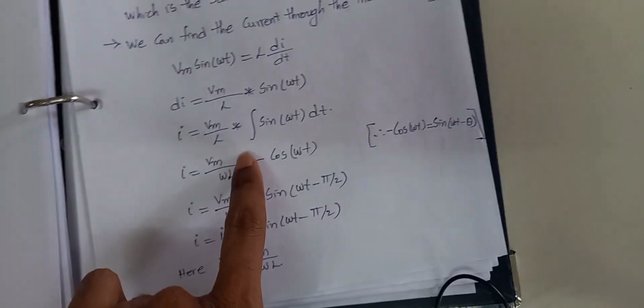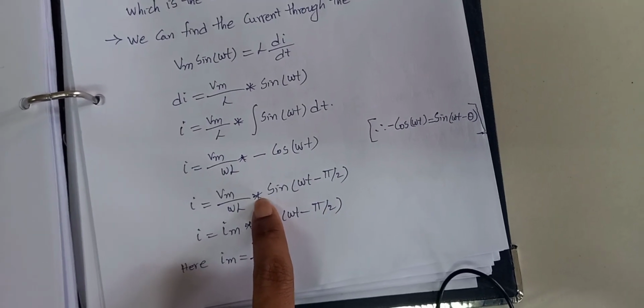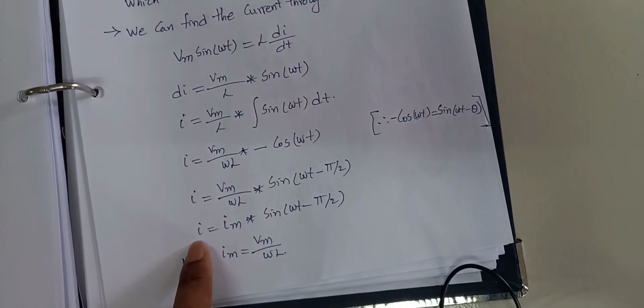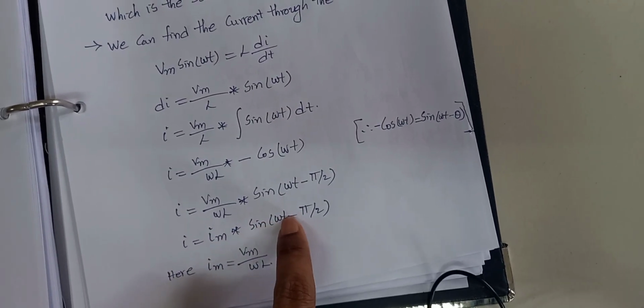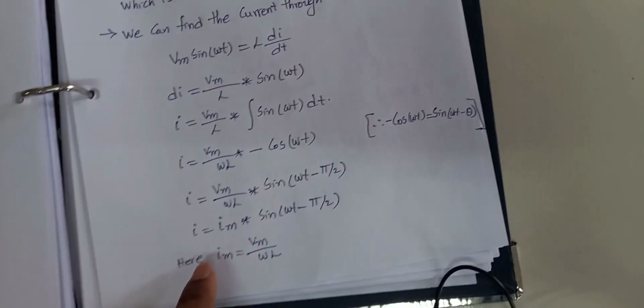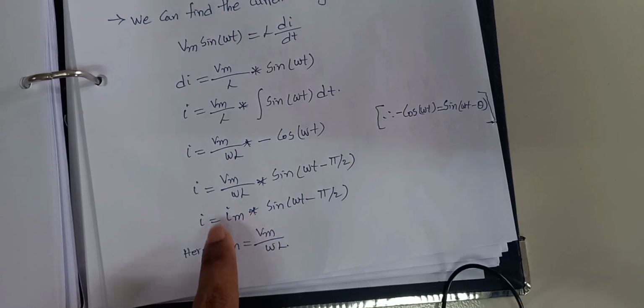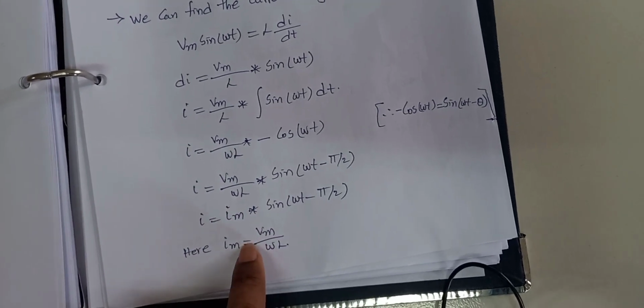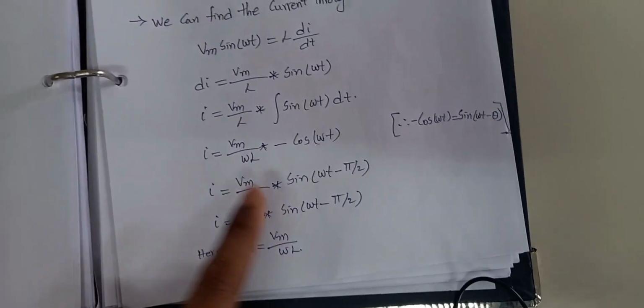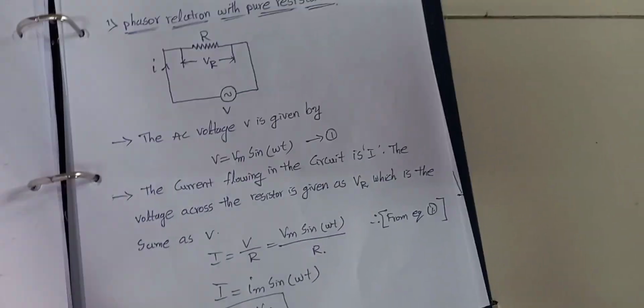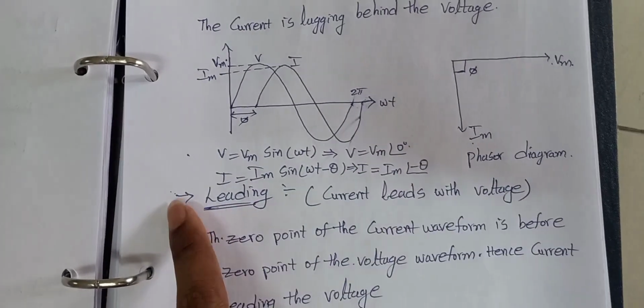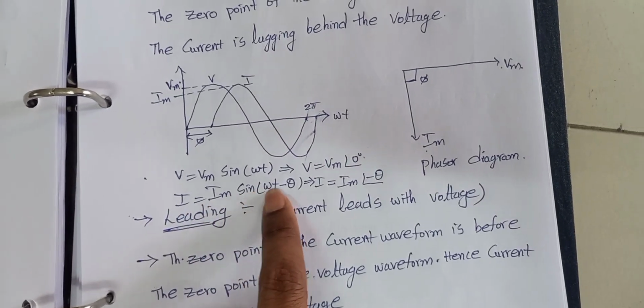Then the minus is converted into plus. So I equals Im sin of omega t minus pi by 2, where Im equals Vm by omega L. The same formulas we got in the lagging case also.